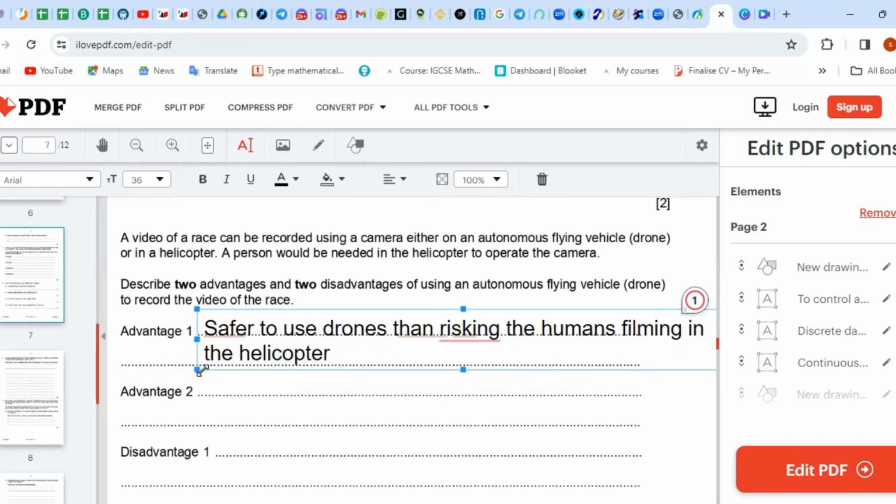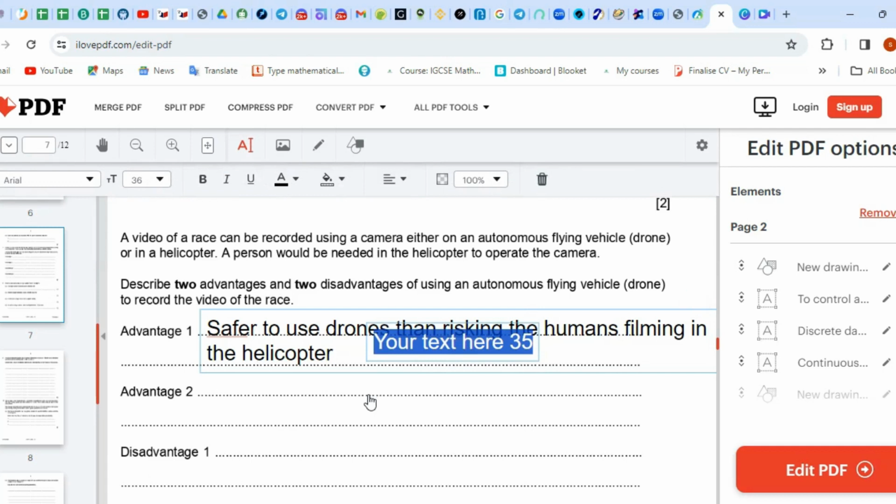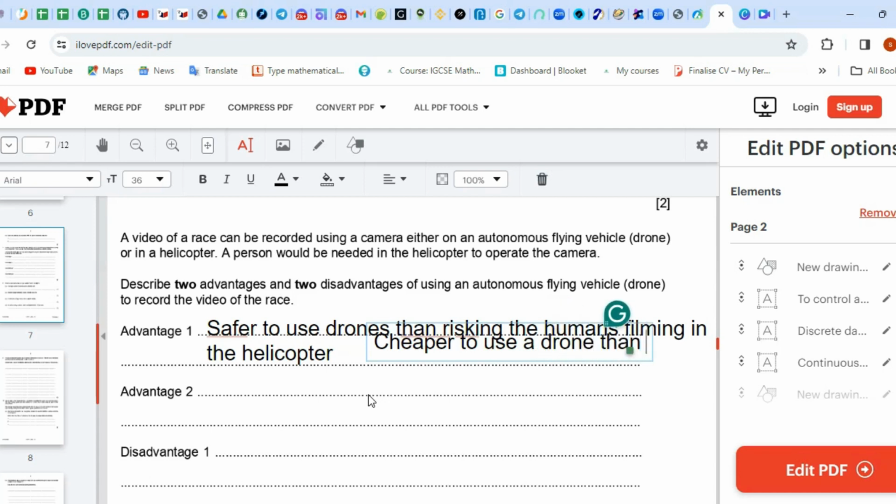Another advantage is what? Another advantage of using a drone. Cheaper to use a drone than using a helicopter. See, using a drone is cheaper than using a helicopter.